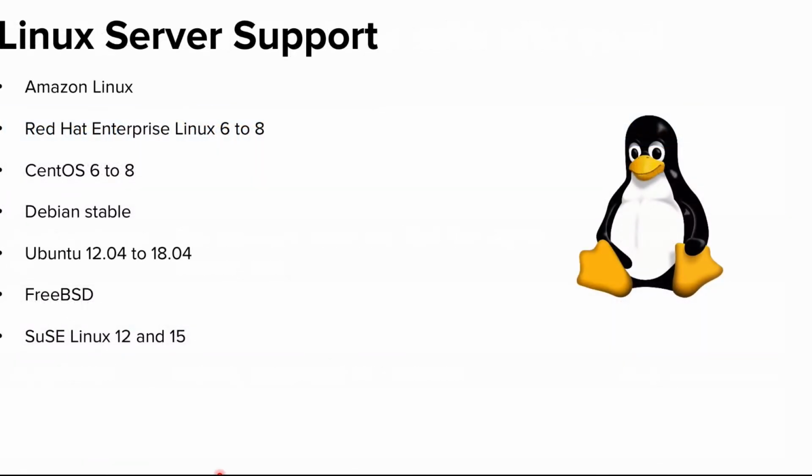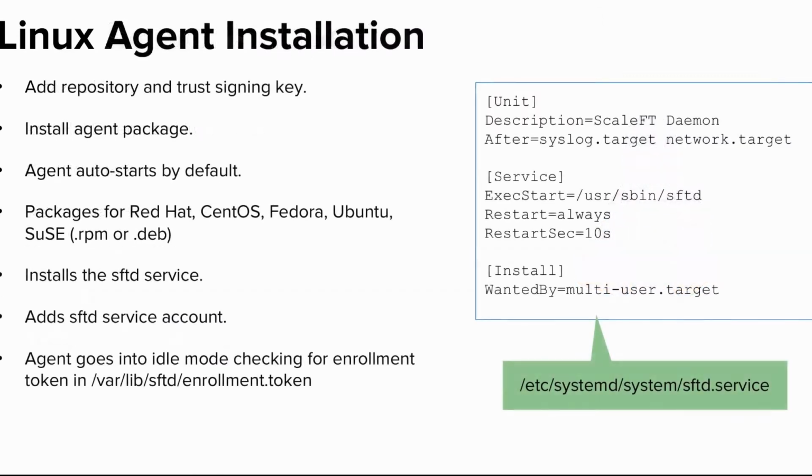You can see the Linux versions that are supported. This is a list worth keeping an eye on as it does update from time to time. On Linux, you need to add the repository and trust the signing key before you get the agent and install it.